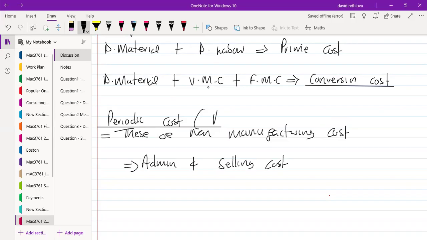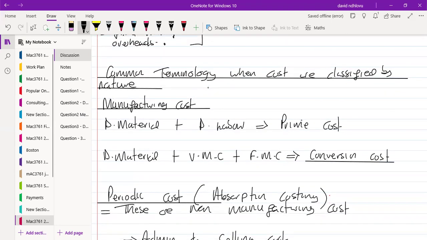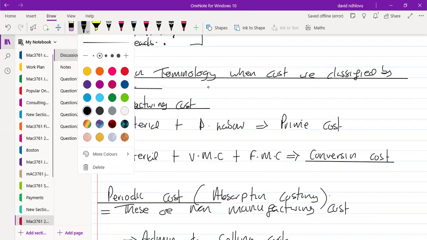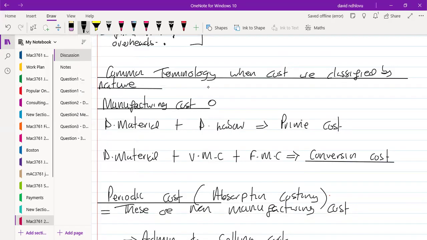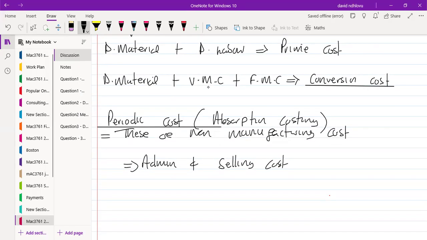If we are using what is called absorption costing, I'll be explaining absorption costing now. So if we are using absorption costing, then by default, we are saying the administration and the selling cost will be what is known as periodic cost. So in broad terms, we separate our cost into what we call manufacturing cost and what we call periodic costs.